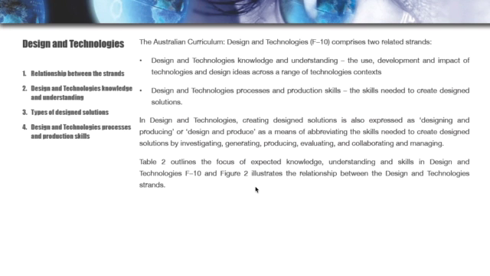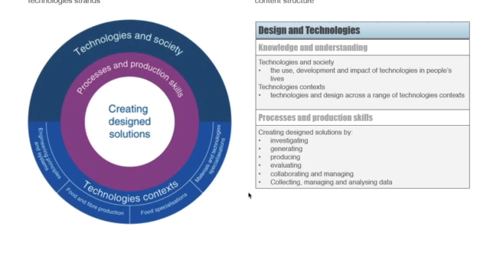So, as a brief summary of design and technologies, as we've said, you've got some knowledge, we've got your processes. We've got 2 things we want students to know about: how to use, develop, and look at the impact of technologies on people's lives, and look at the various contexts, which I'll describe now, because we can see them on the diagram.